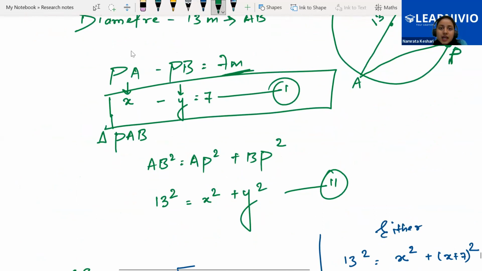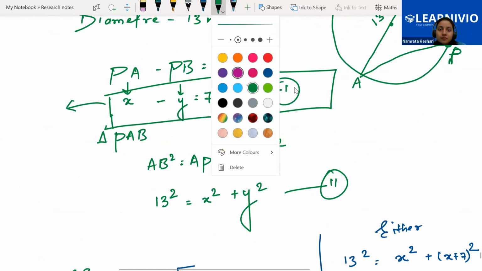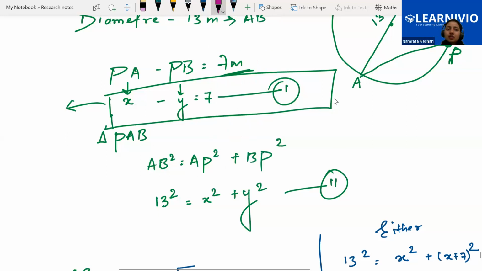The substitution method says to take out one of the variables from one of the equations. So can we take it out from here, that x equals 7 plus y, and substitute it here in place of x?